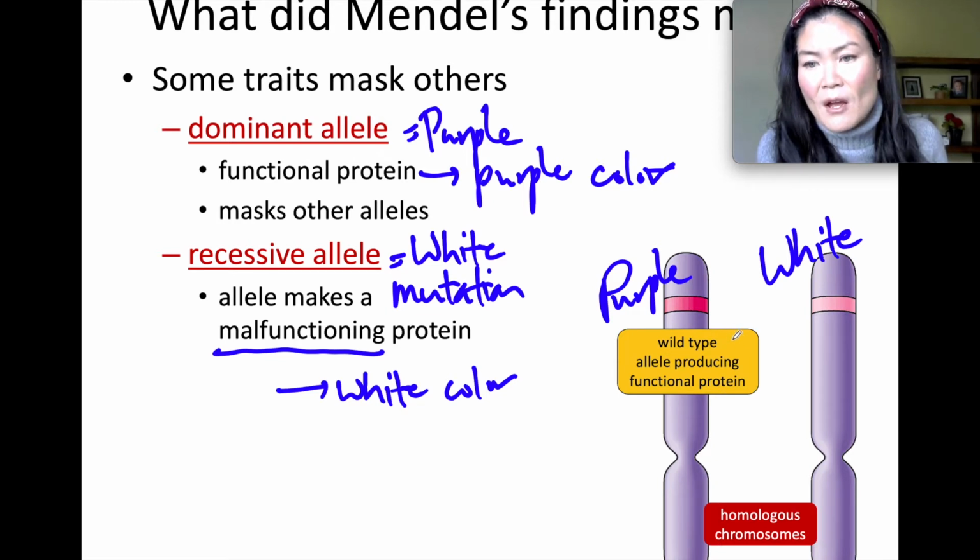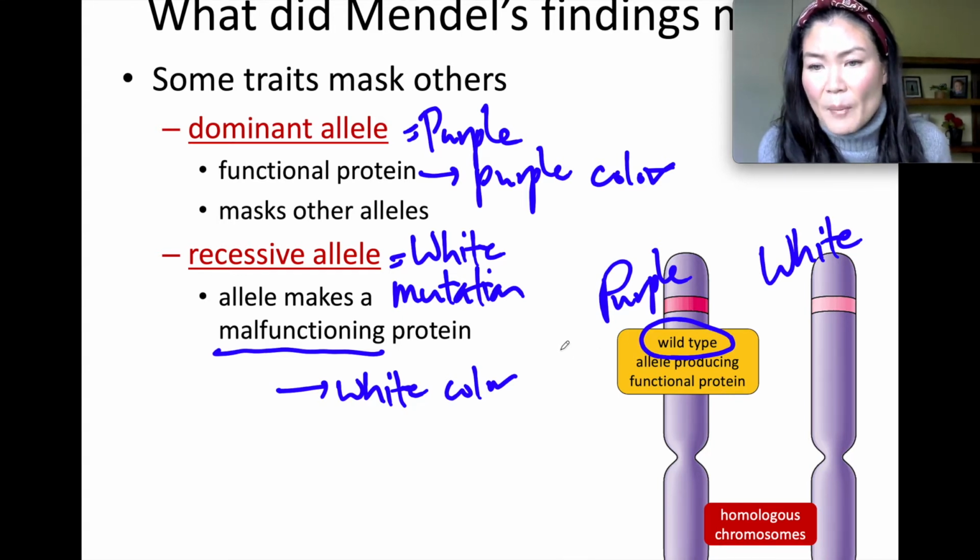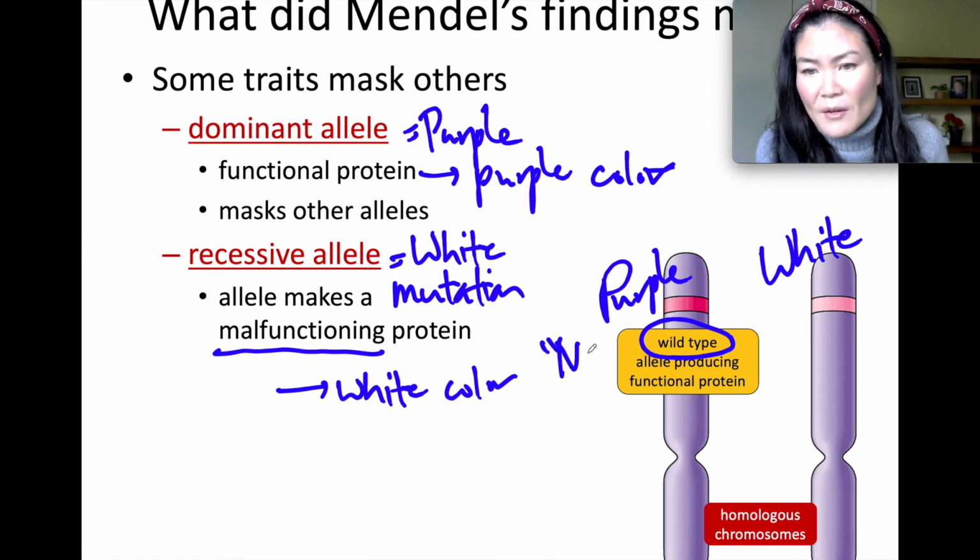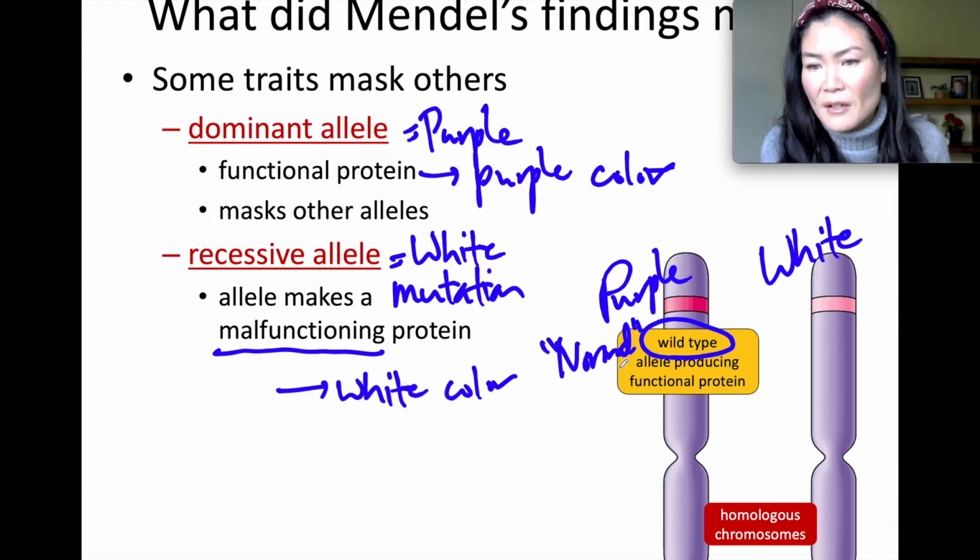And also, I did want to say that when we talk about fruit flies in the next chapter, you're going to be hearing this word, wild type. Wild type is the dominant trait. It's the one that you would see most commonly in the population, the one that you would consider to be the normal version of that trait, versus the recessive. The recessive would be the mutated. So you have wild type versus the mutation.